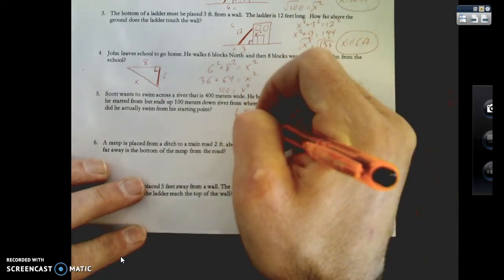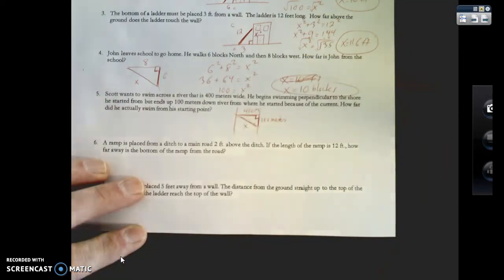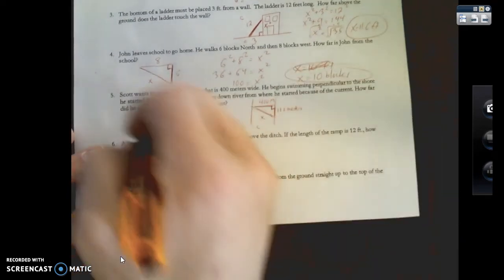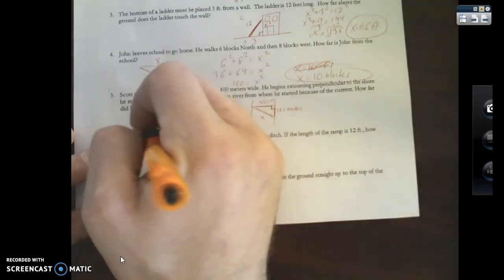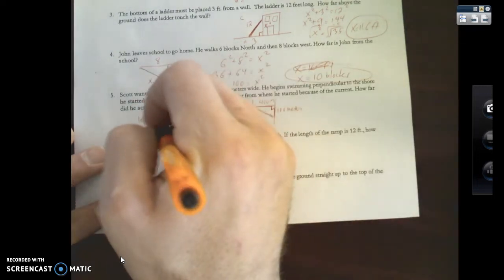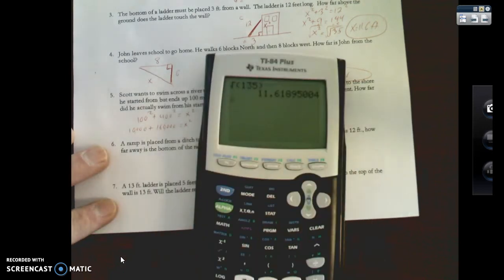Well, again, tricky picture. There's my corner. Here's the x, so it's across from it. That's your c. So we're looking at 100 squared plus 400 squared equals x squared. Much bigger numbers here, but 10,000 plus 160,000 equals x squared. Let's jump to our calculator.